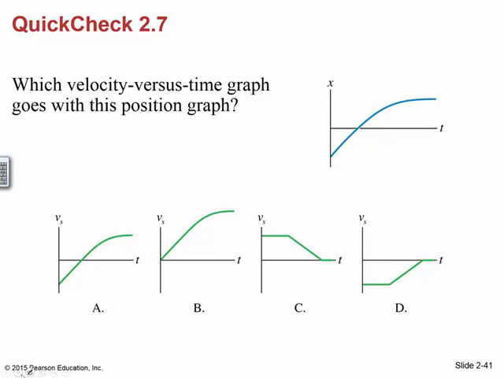And you can go back and look at these, okay? Let's look at this one right here. Which velocity versus time graph goes with this position graph? All right, notice how we're increasing position, then it levels off. So notice how the change in position is positive, it's going up, it's increasing, but then the change in position becomes pretty much constant.